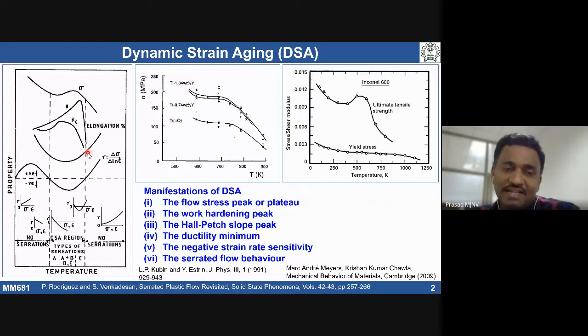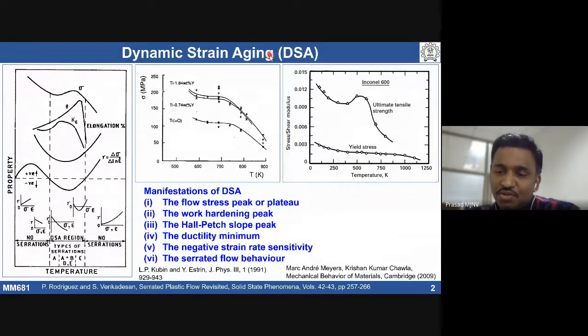On top of that, some materials exhibit negative strain rate sensitivity, and we may see serrations in the stress strain curves. All these are manifestations of dynamic strain aging.